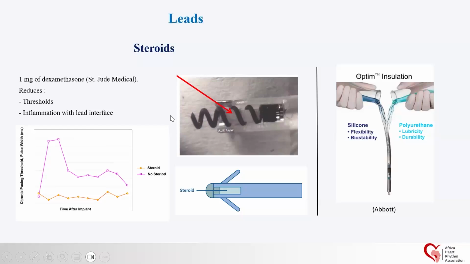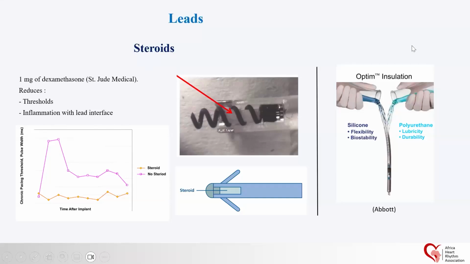So to reduce the inflammation, we use the steroid. The steroid can also help to reduce the threshold. We talked about threshold: when we reduce the threshold, we improve the longevity of the pacemaker, or the longevity of the battery.